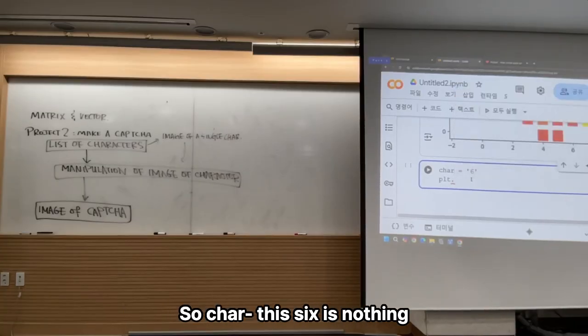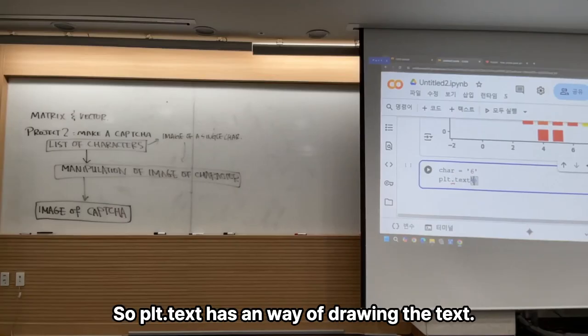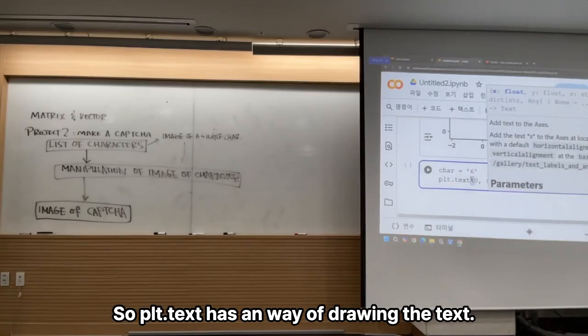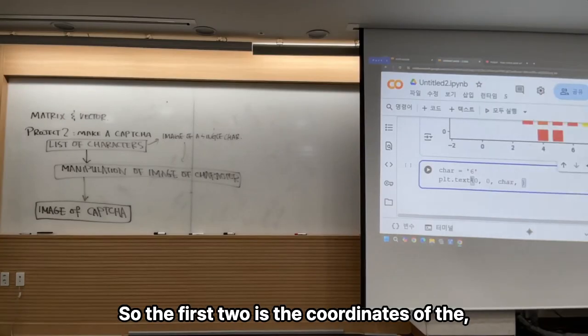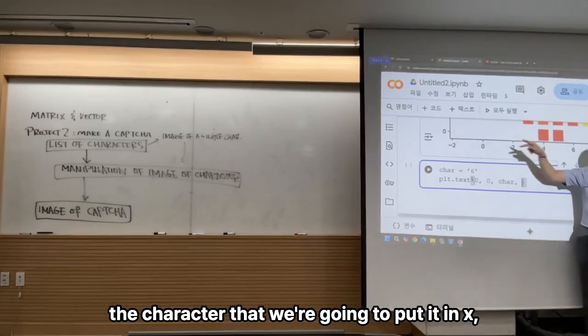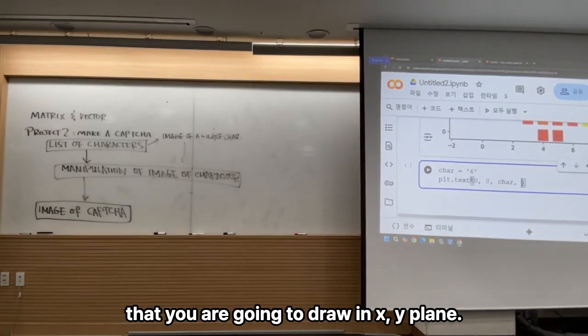So this 6 is nothing but just the text, right? So PLT text has a way of drawing the text. So the first 2 is the coordinate of the character that we're going to put in the XY plane, and the third one is the actual string that you're going to draw in the XY plane.